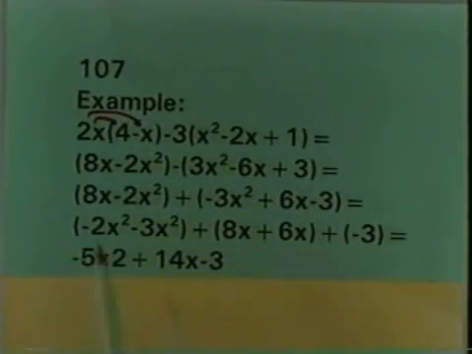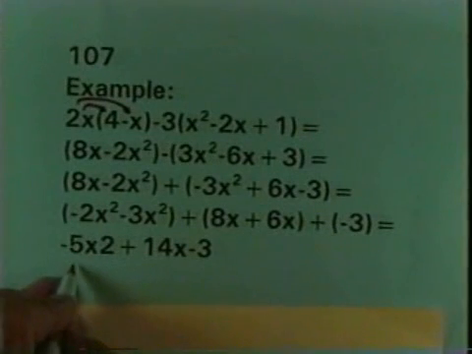Adding the coefficients, a negative 2 plus a negative 3 is a negative 5. So a negative 2x squared subtract 3x squared is a negative 5x squared. It should be x squared. 8x plus 6x is 14x, then minus 3.